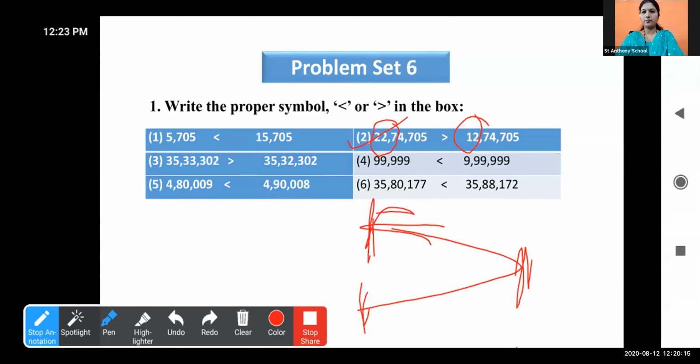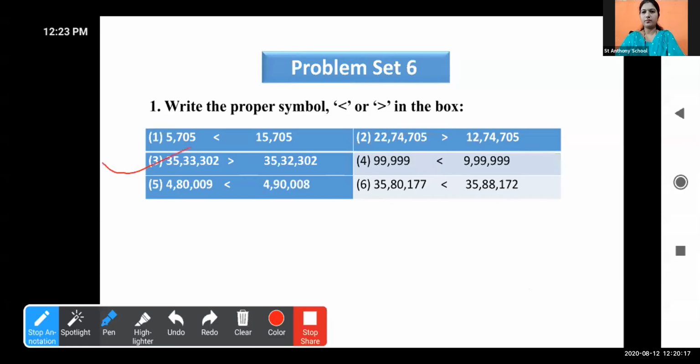Okay. Now, third example. 35 lakh 33,302. And the next number is 35 lakh 32,302. Now both numbers are again 7-digit. So how will we understand? Here the lakh part is 35, here also 35, here 33, here 32, and the last digits are again the same, 302 and here also 302.